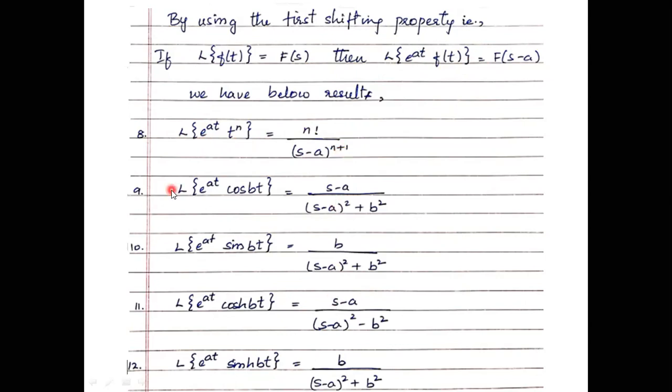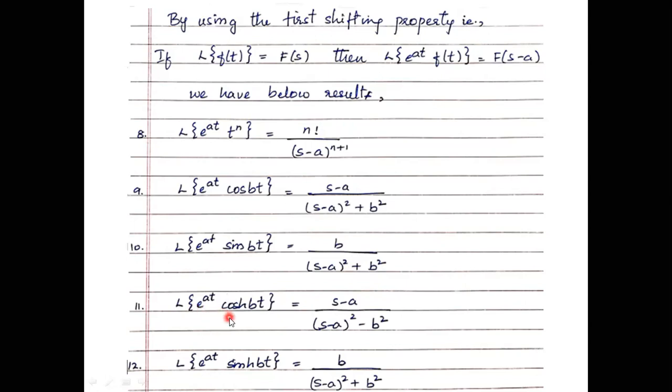Similarly, the Laplace transform of cos bt is s by (s squared plus b squared). But there is e^(at) here, and I'll replace s by s minus a. So (s minus a) by ((s minus a) whole squared plus b squared). And we know that the Laplace transform of sin bt is b by (s squared plus b squared). Wherever there is s, I am replacing it by s minus a. So it is b by ((s minus a) whole squared plus b squared).